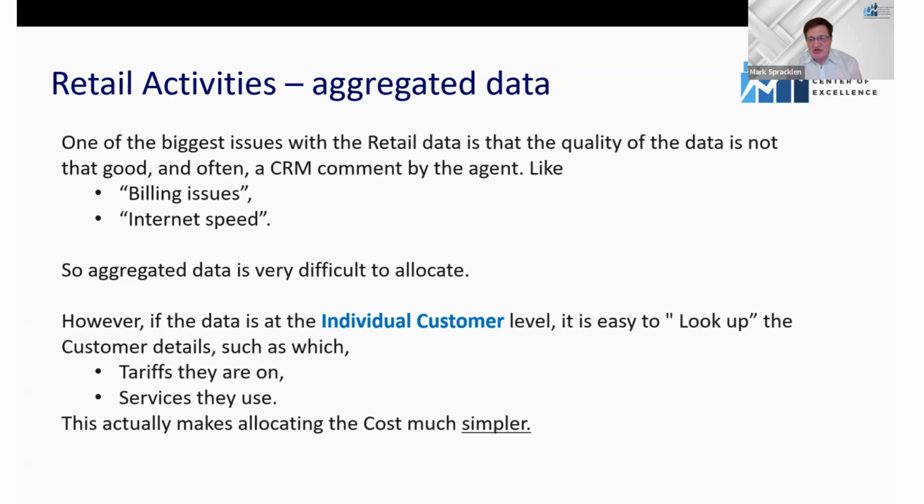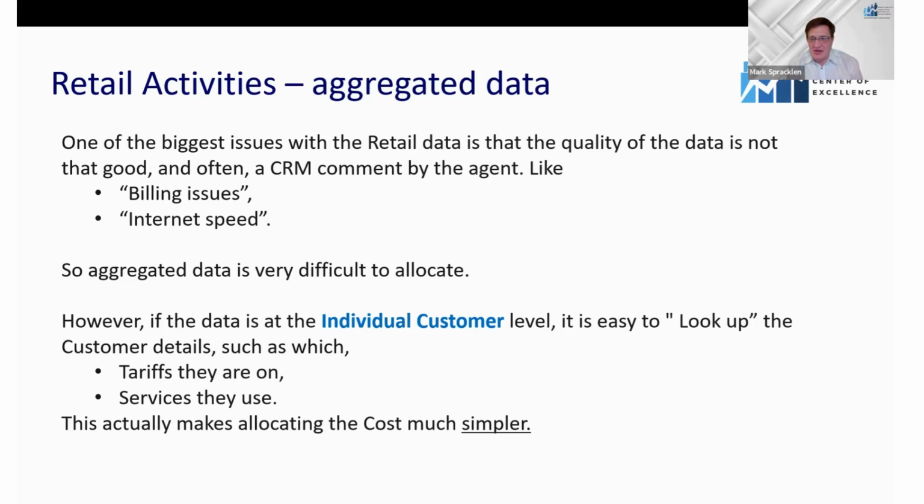The problem is most of the cost allocation systems I've seen cannot deal with this level, this volume of records. So it's not an allocation problem as such. It's just they can't deal with 10 million customers a month making billions of calls. They can only deal with very high level numbers. So it's more of a technology problem that hopefully in the future will get solved.